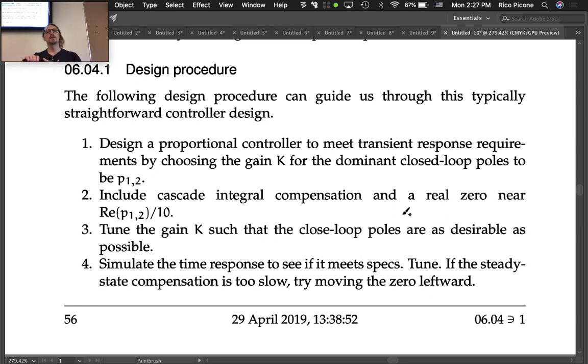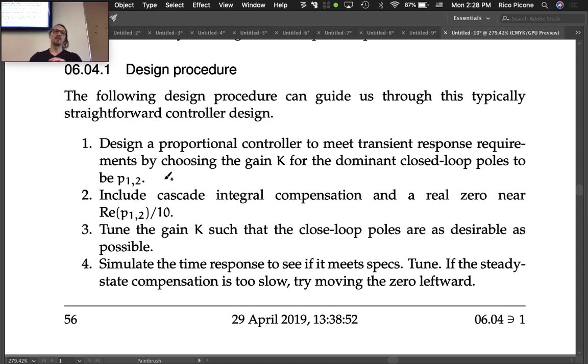And I put here, this is sort of a rule of thumb: the real part of your dominant poles, if you divide it by 10, you're going to be 10 times closer to the imaginary axis with your 0. And that tends to be a pretty good place to start for playing with your performance.